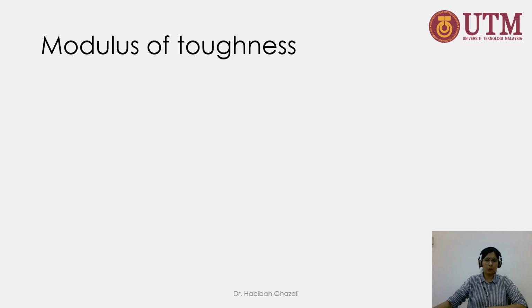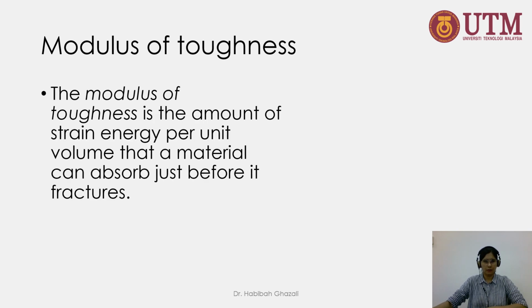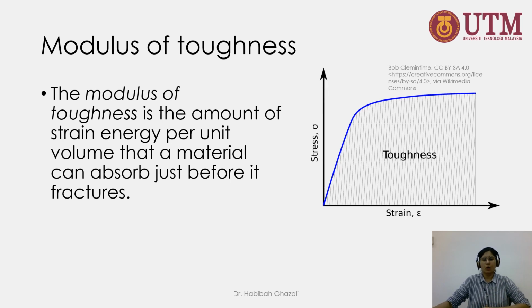Another property that we can define using the stress strain curve is the modulus of toughness. This is the amount of strain energy per unit volume that a material can absorb before it fractures. To calculate the modulus of toughness, we calculate the area under this curve here.